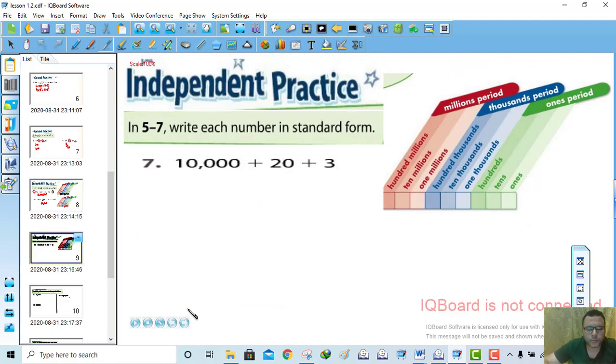Next one. Here we have 10,000 plus 20 plus 3. He needed in standard form. I will use the chart to be easier. In the 10,000 place I will write 1. What is 10,000? 10,000 here I will write 1. Then 20. 20 means 2 in the tens. Yes, this is 20.